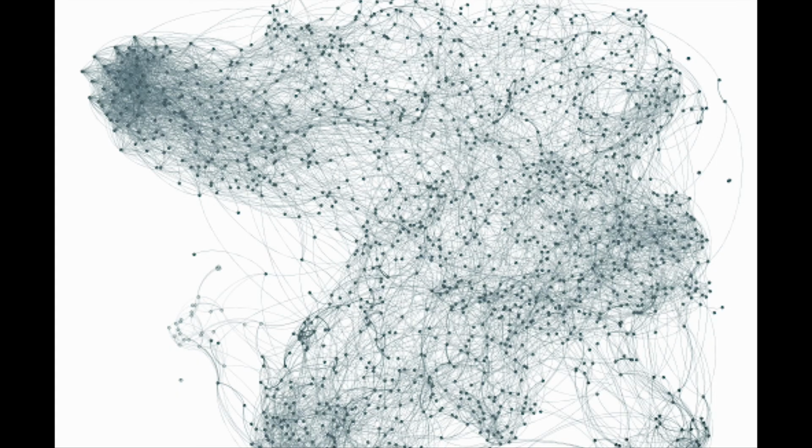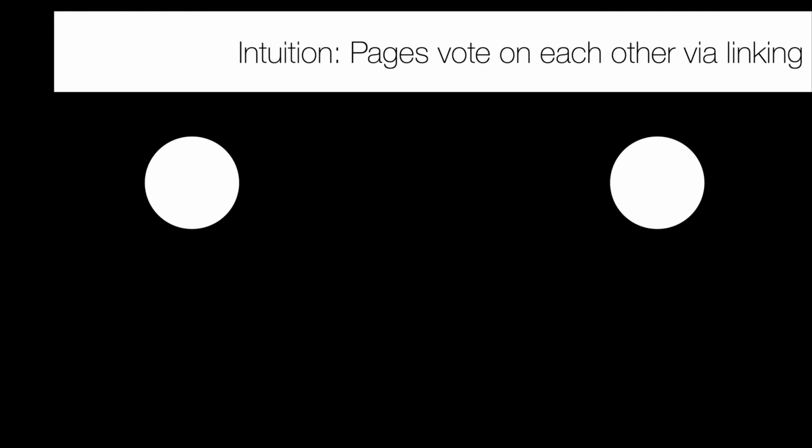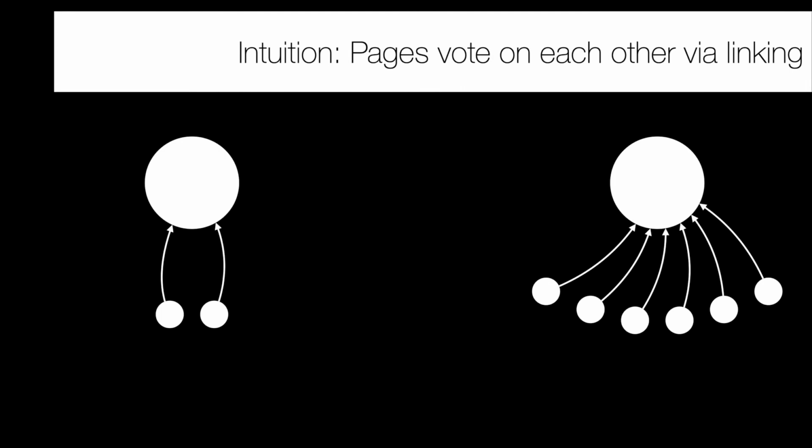So if we go back to thinking about the web as a graph, where nodes represent web pages, and the links from page to page are directed edges in our network, then we have a nice intuition that pages vote on how important other pages are by linking to them. Websites with just a few links coming into them are maybe less important than websites with many links going into them.